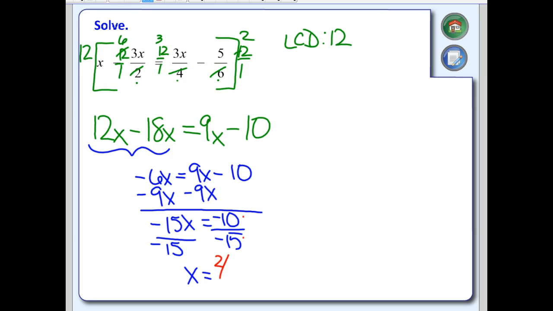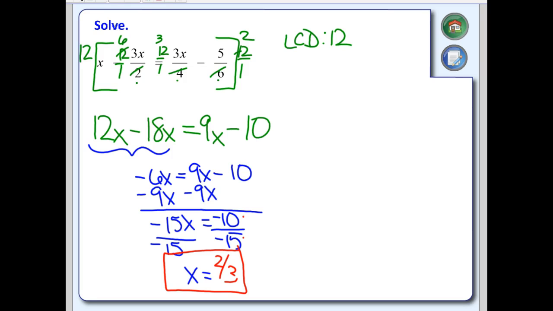Yeah, so this is going to become 2/3. So x equals 2/3. Okay, so the whole idea, get rid of the fractions. Now, we may end up with a fraction as our answer, which is what we did down here, but that's okay. The moves in between there are pretty simple, just like we learned back in chapter 3.